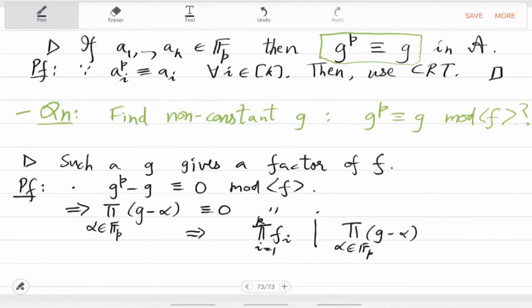So basically you try to take GCDs, try the GCD of f with g minus alpha with respect to the x variable for all alpha.